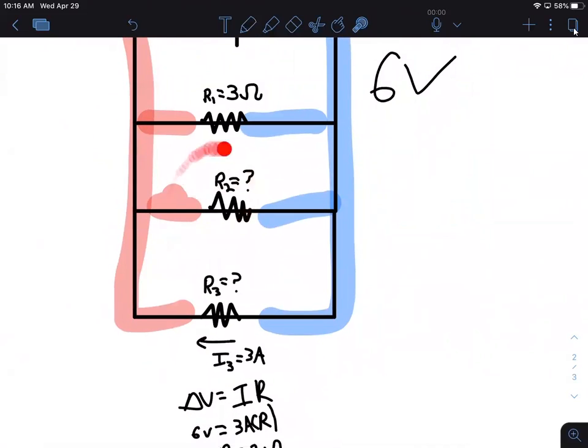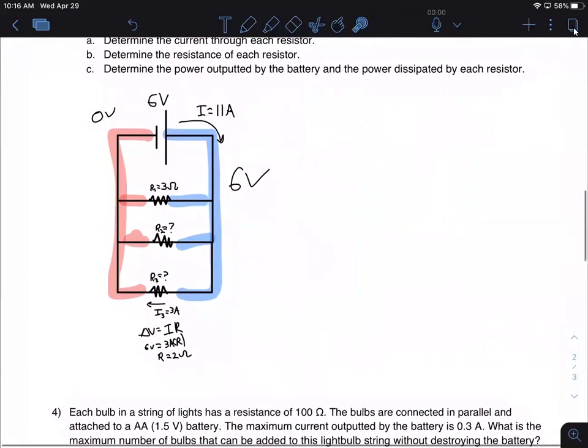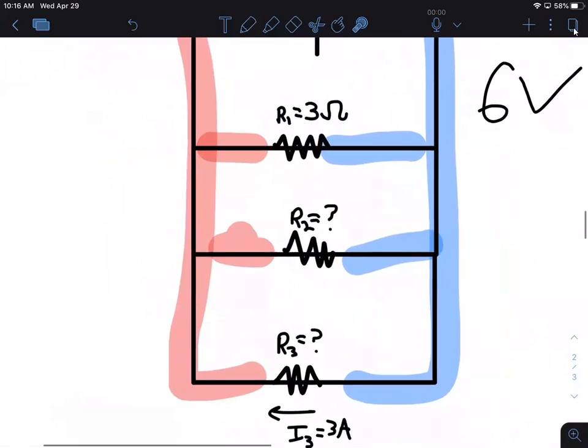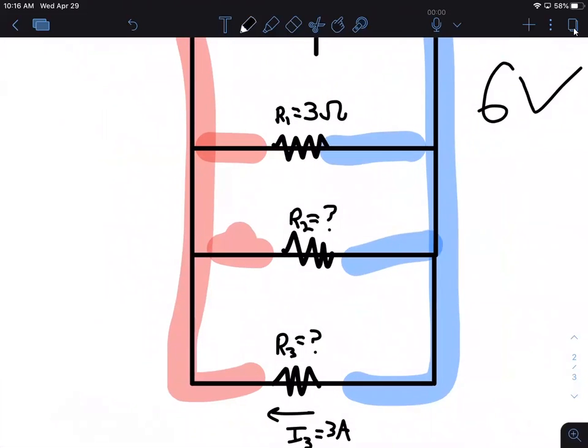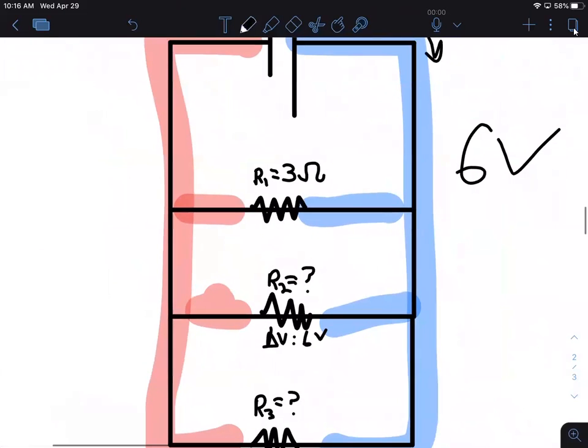And I could write all these next to each resistor, all this information, but you'll see, especially when we're in here, we don't really have a lot of room to write down everything we know about each resistor. Like so this one, I could say delta V for this resistor is 6 volts. This one's also 6 volts. And in here, I could find the current. I could say delta V equals IR. 6 volts, 3 ohms.